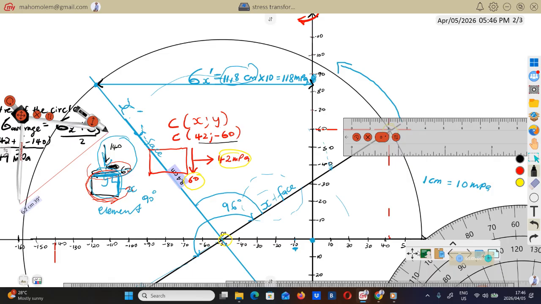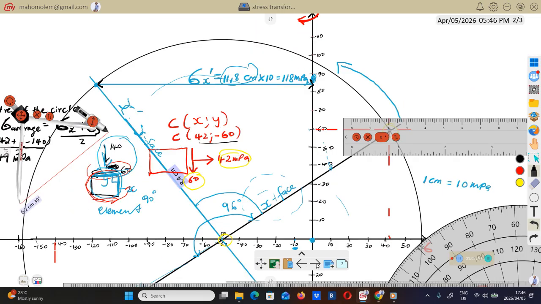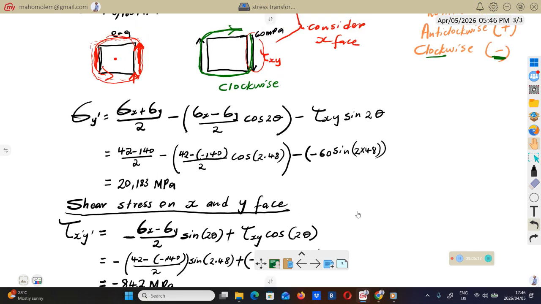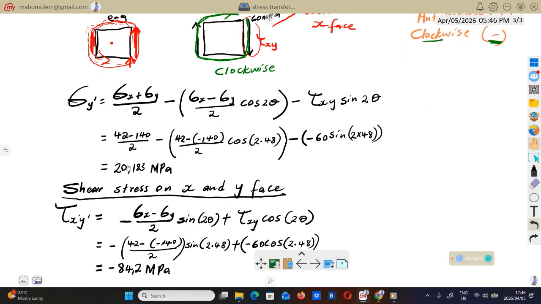Right. So remember we got the very same values. What are those calculations? We found 118, it's negative. Then on the y face we found 20, which is positive. So this is exactly the same thing.